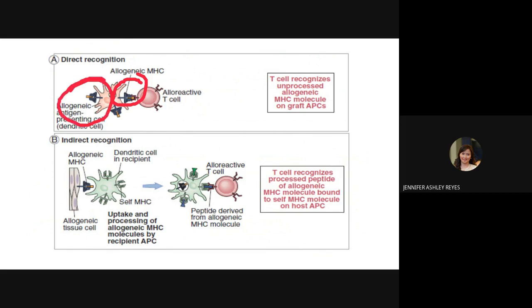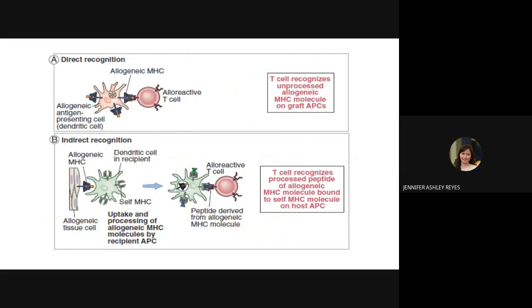So, in this case, the dendritic cells that are carried by the donor organs are the ones that will initiate the antigraft response because they express high levels of class 1 and class 2 MHC molecules and will have certain co-stimulatory molecules that will allow our recipient T cells to react.